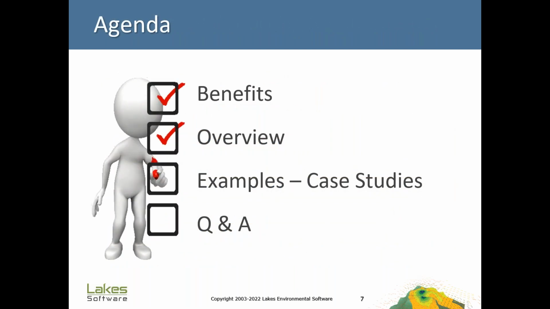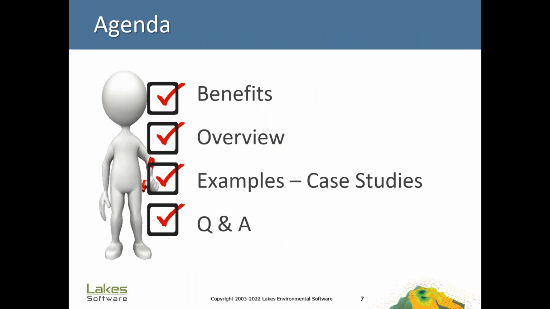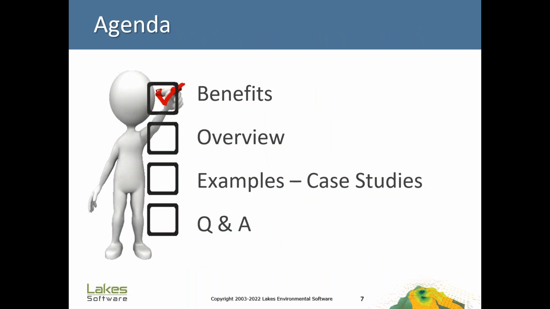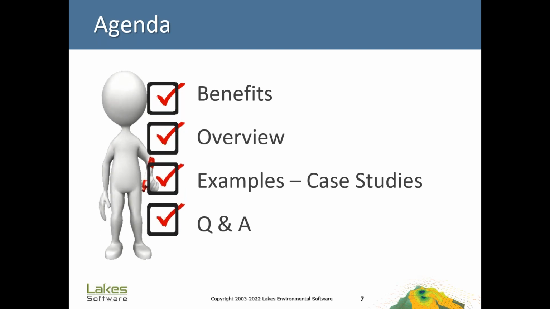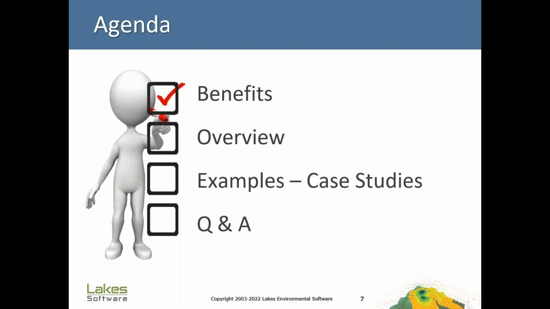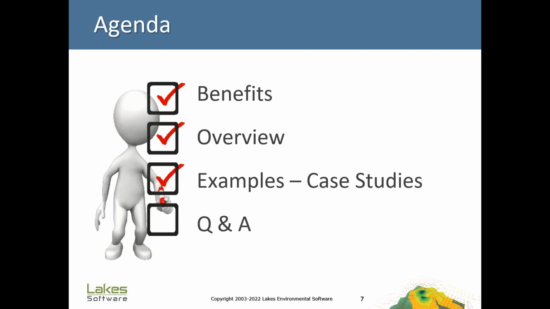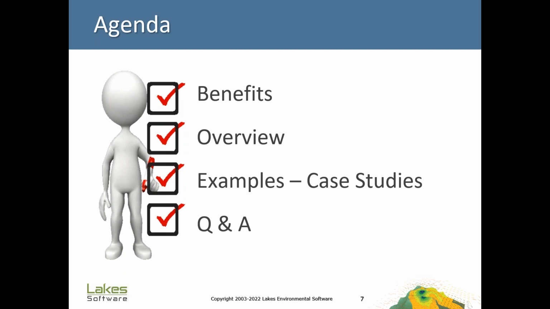So we will talk about the benefits of a system like that. I'll give you an overall view of the system such that you do not get lost when Mr. Michael Johnson is making his presentation. He will give examples, and then we have question and answers that you can type on the chat.